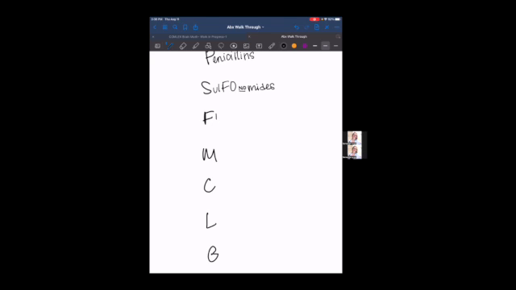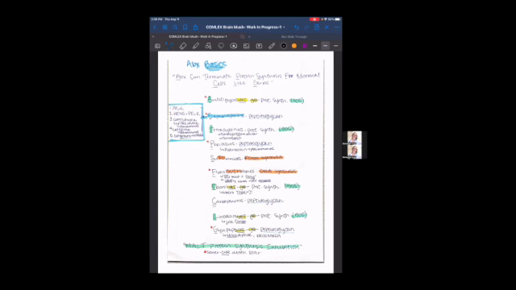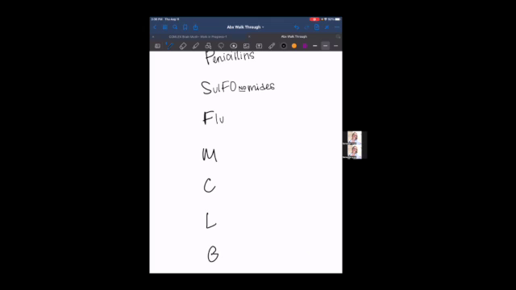Then we've got our, oh gosh, I always spell fluoroquinolones wrong. Fluoro. Fluoroquin in caps. Olones. Then we've got our macrolides.